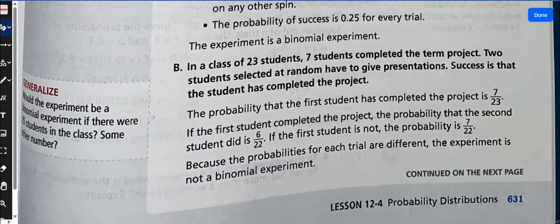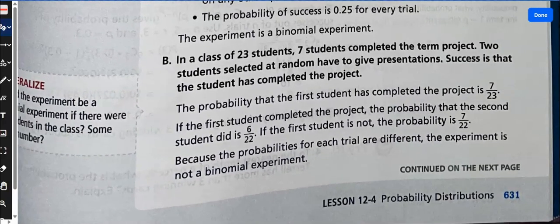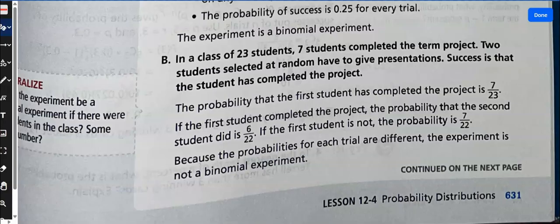In a class of 23 students, 7 students completed the term project. 2 students are selected at random to give presentations. Success is that the student has completed the project. The probability that the first student has completed the project is 7 out of 23. If the first student completed the project, the probability for the second student is 6 out of 22.